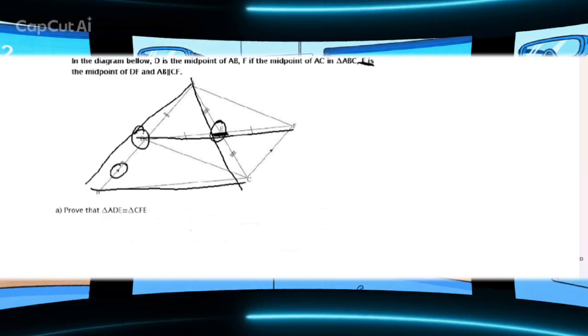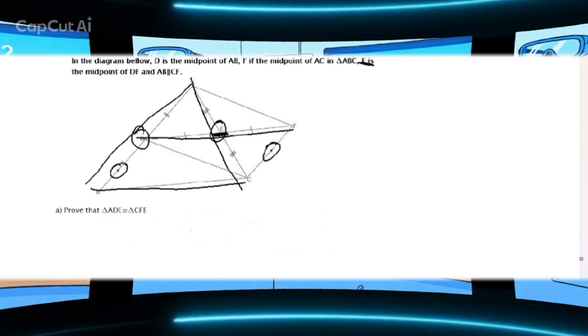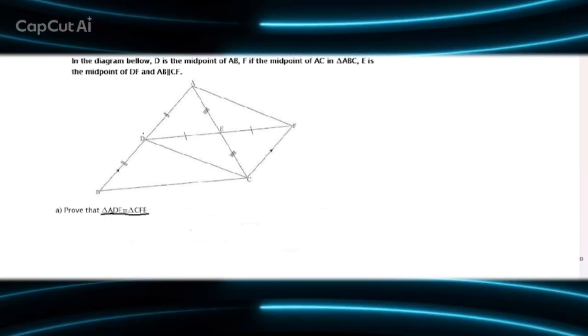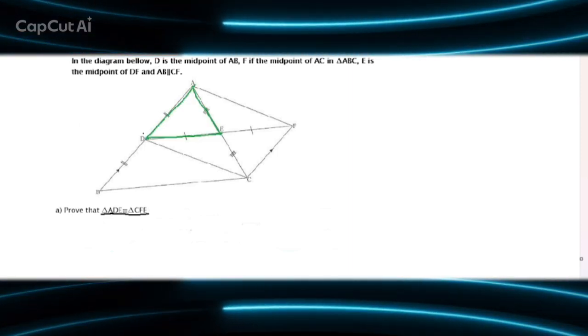The first question says that we have to prove that triangle ADE is congruent to triangle CFE, right? So proving this, we'll look at triangle ADE. Let me just highlight triangle ADE.